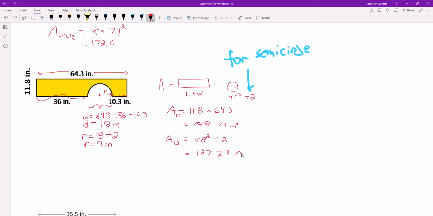127.23 square inches. So now we've got the area of our semicircle. So our total area, put the pieces together here, we go with our big rectangle's area and we subtract half a circle.